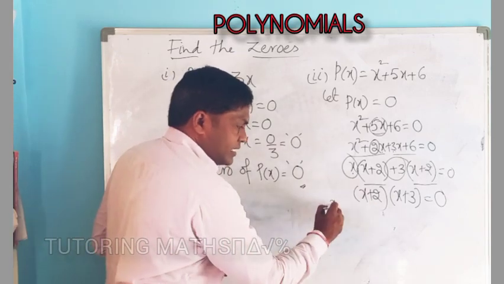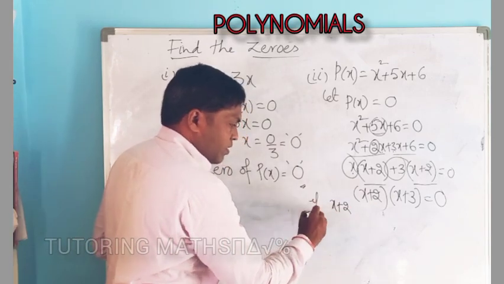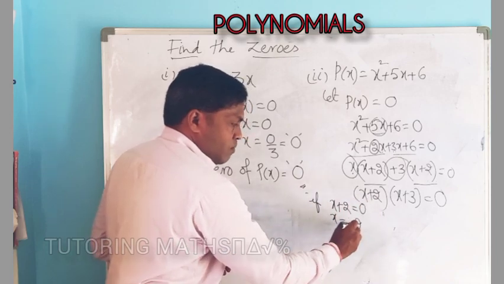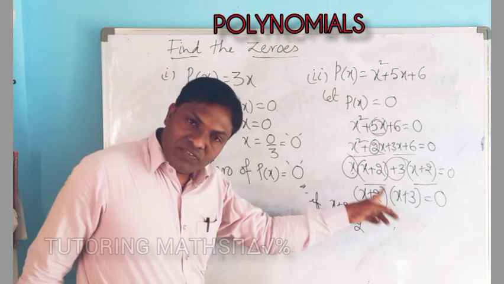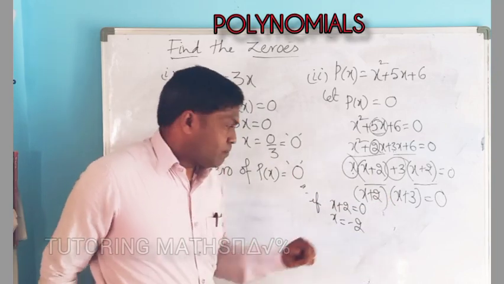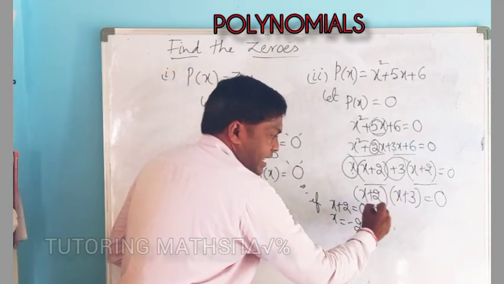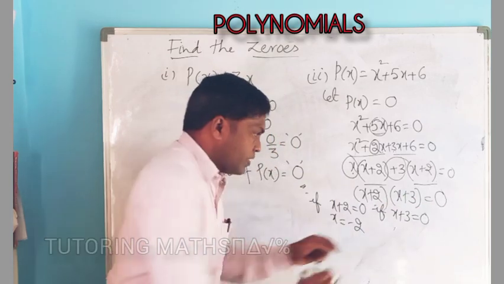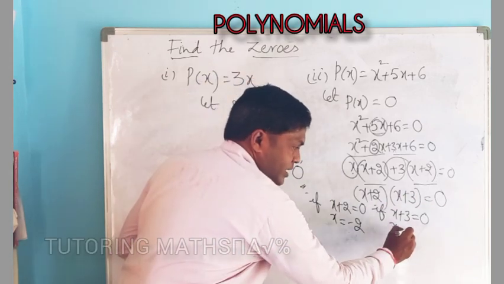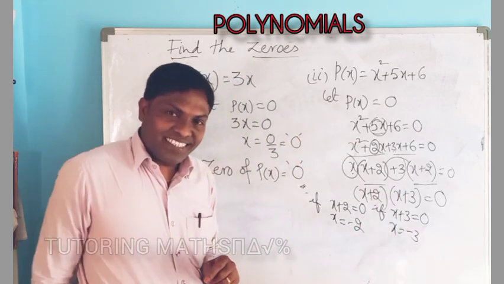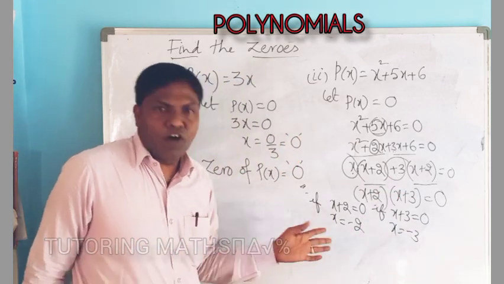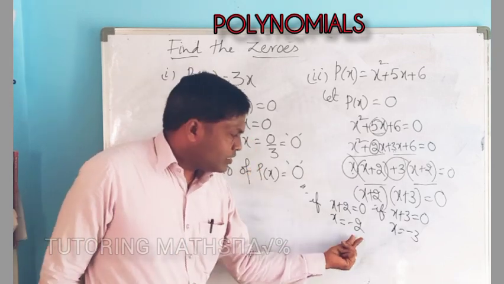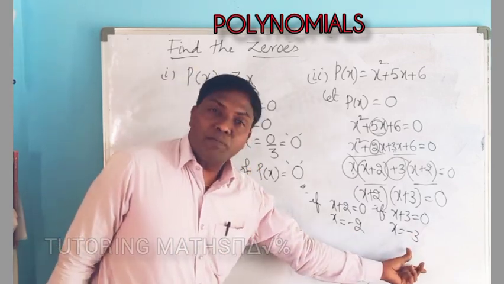In the first case, if x plus 2 is 0, then x is equal to minus 2, because 2 is shifted to the right side, plus becomes minus. Then the second expression, if x plus 3 is equal to 0, then 3 is shifted to the right side and becomes minus 3. Finally, we have got two x values, one is minus 2 and the other is minus 3.